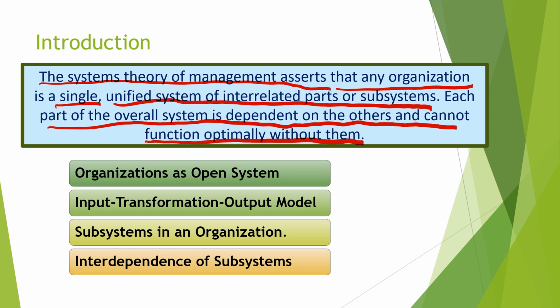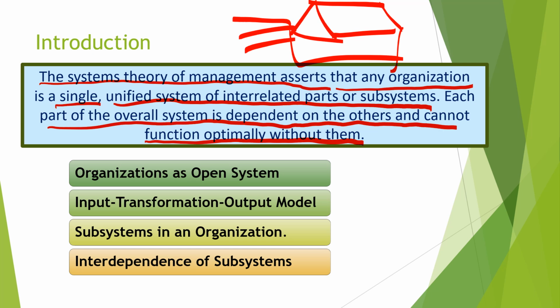For example, systems approach asserts that an organization works as a system and it has many subsystems which are interdependent on each other. Means if any change is happening in one subsystem, for example marketing, it is going to affect the entire subsystems within the organization and also the organization as a whole.